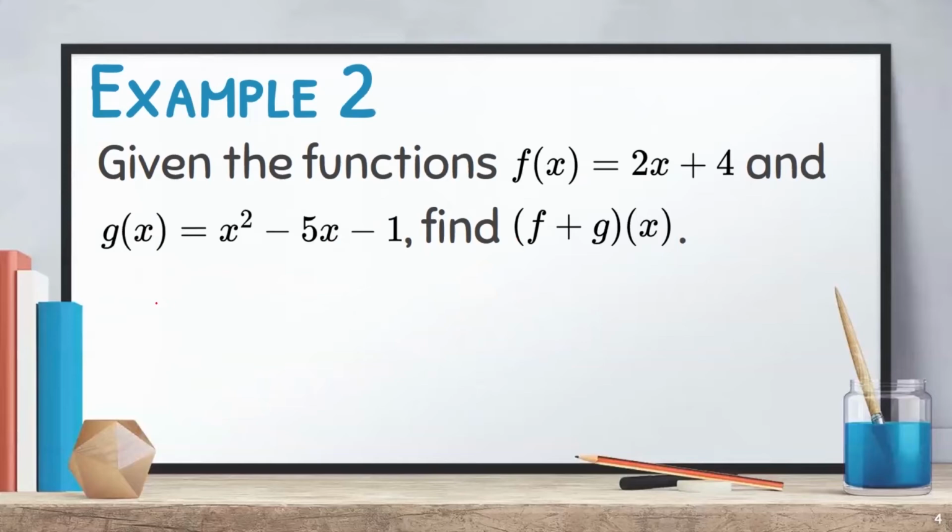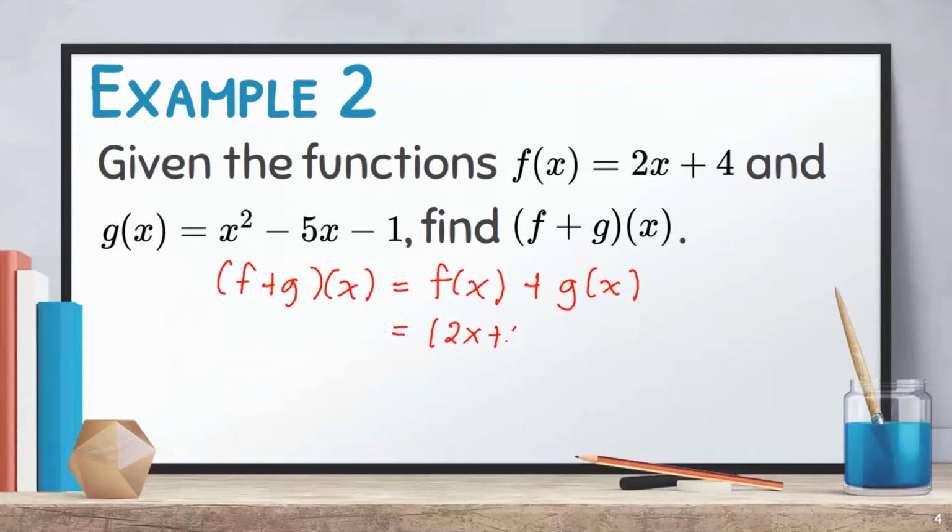Again, to find the sum of the functions f plus g of x, we will be adding the two given functions, f of x plus g of x. Substitute the given f of x and the given g of x to this formula. So we will have 2x plus 4 plus x squared minus 5x minus 1.